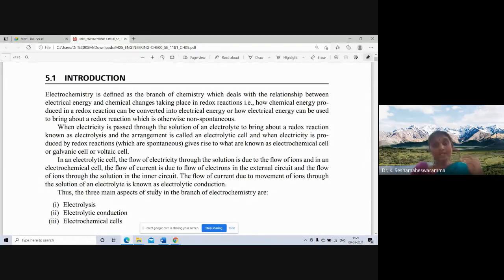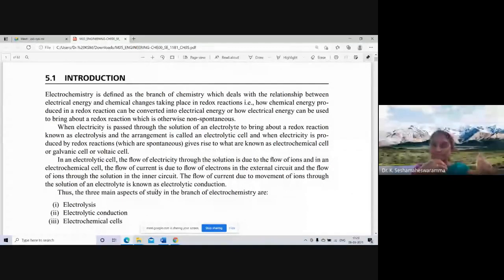In an electrolytic cell, the flow of electricity through the solution is due to the flow of ions. But in an electrochemical cell, the flow of current is due to the flow of electrons in the external circuit, and the flow of ions through the solution in the inner circuit.